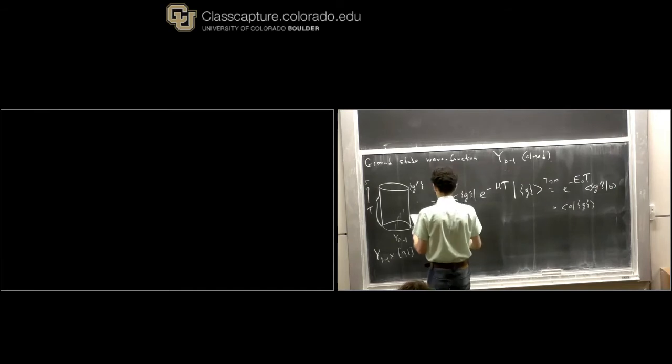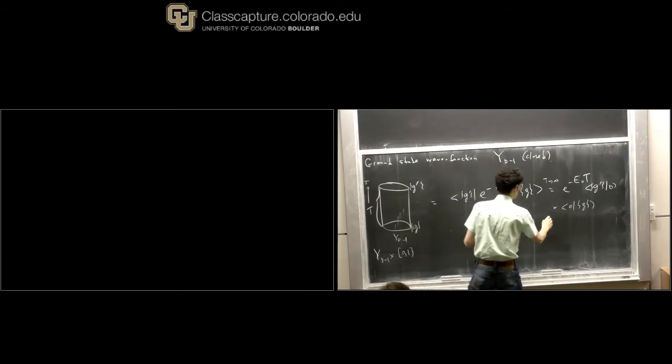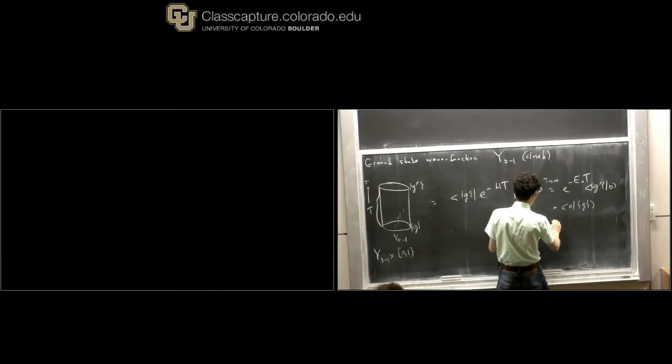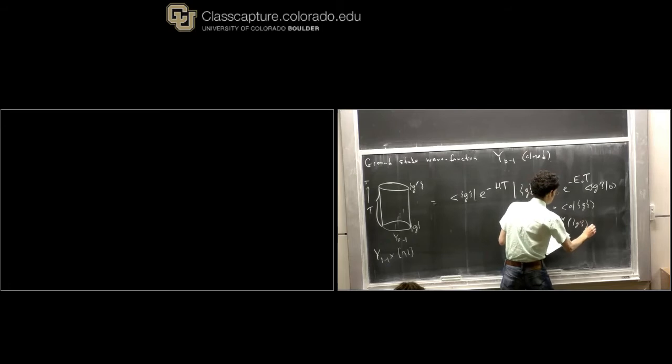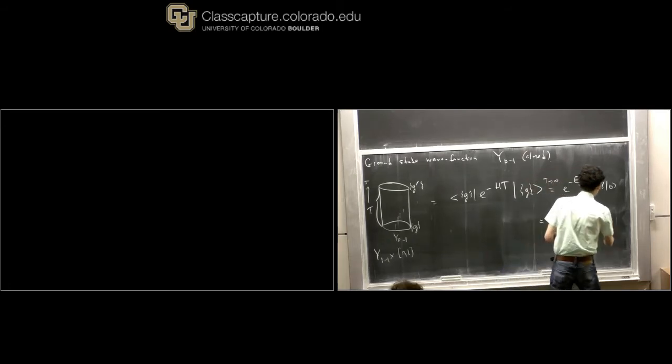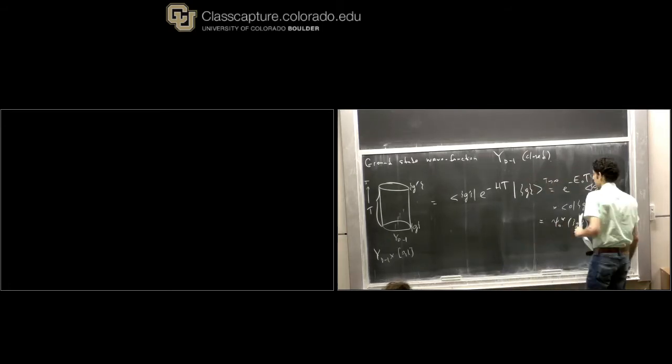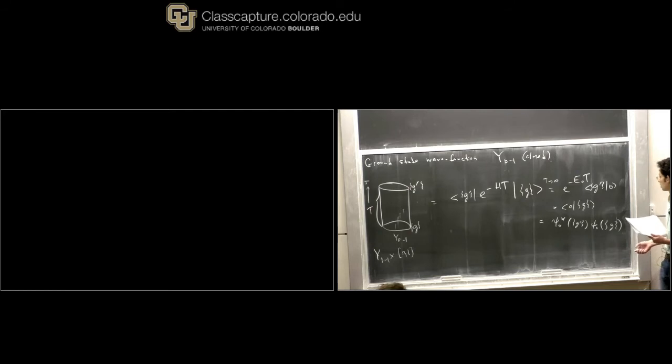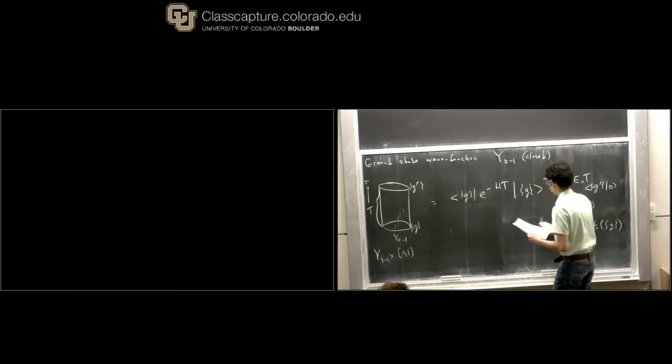So this is the ground state wave function, complex conjugated at G prime, times the ground state wave function at G. Did you drop the exponential? Yes. Thank you.